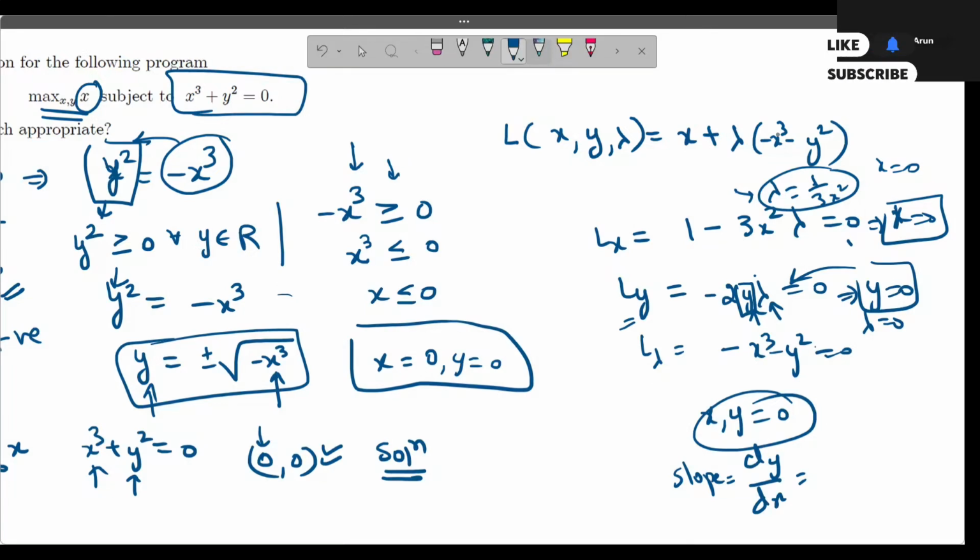So the Lagrange method is not valid here because of the constraint qualification, which is that x and y cannot be 0. You must have seen that always in the Lagrange something like this is given.